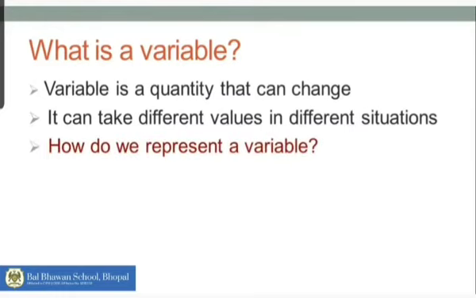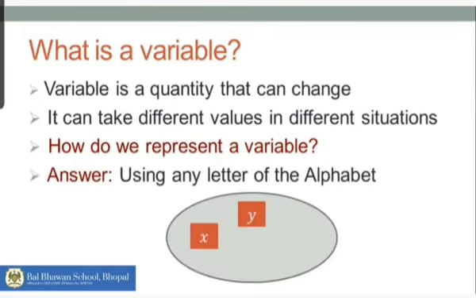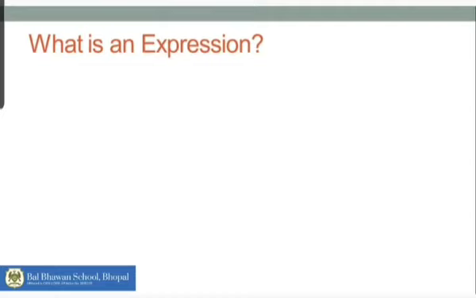How do we represent a variable? To represent a variable, we use alphabets. These are English alphabets in lower case like x, y, p, a. All these are used to represent variables whose values are not fixed.